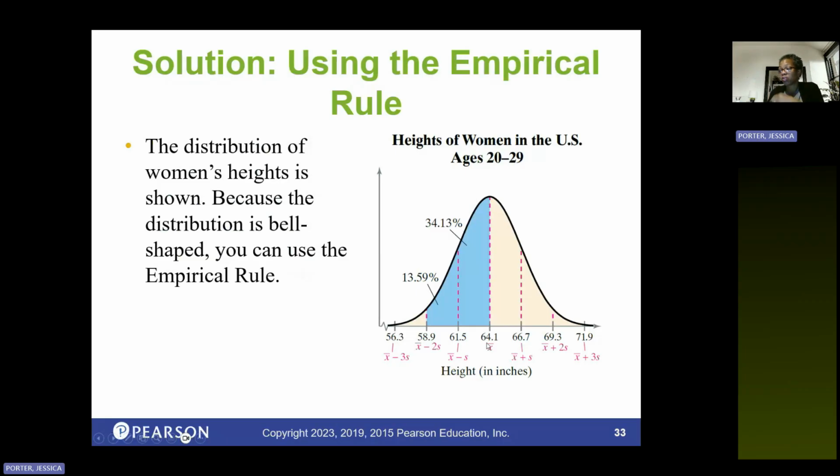So what they asked was, what percent of your data is between 58.9 and 64.1? Well, that's going to be 13.59 plus 34.13. Because remember, in here, this was 68%. So this part here is 34.